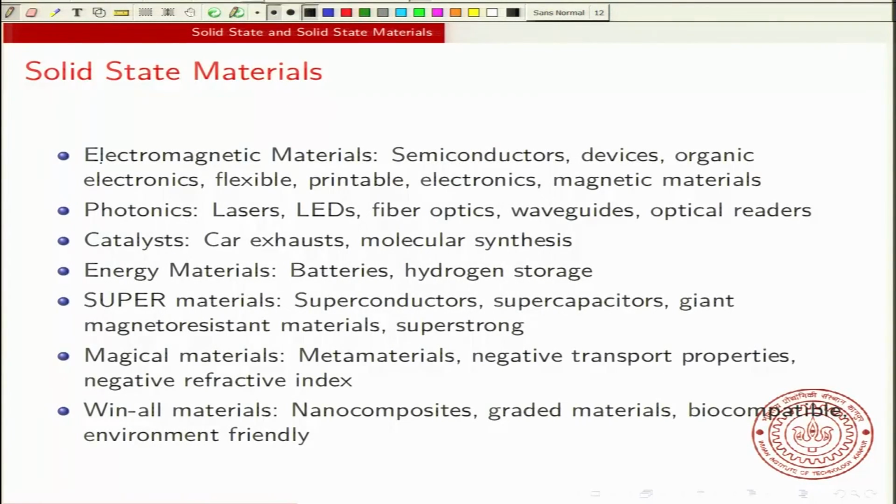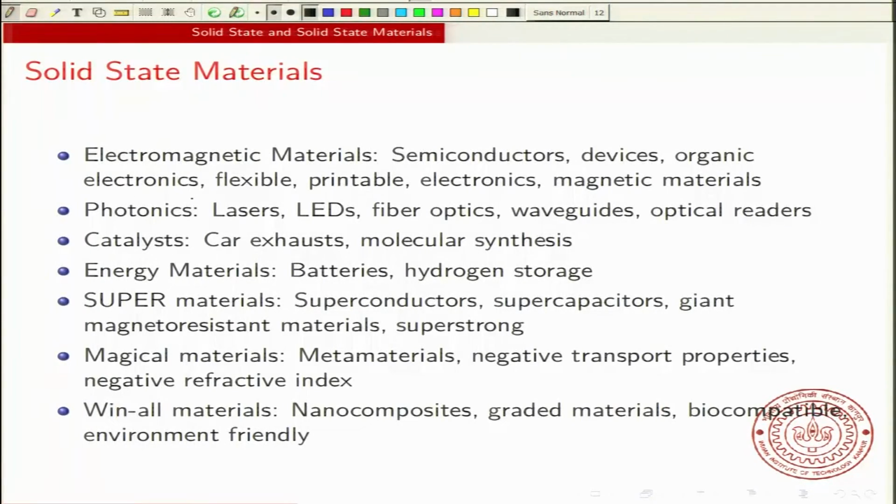Okay, so there are a whole range of solid state materials which I have put as basically electronic and magnetic materials. Right from semiconductor devices, nowadays there is a lot of interest in organic electronics.